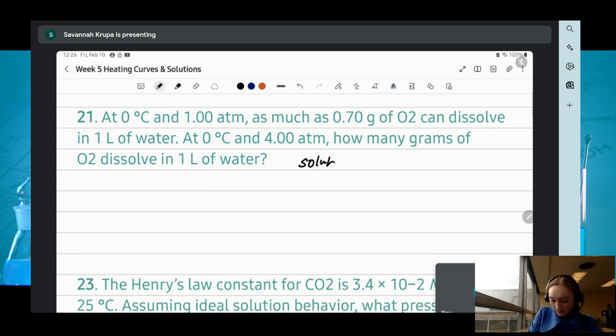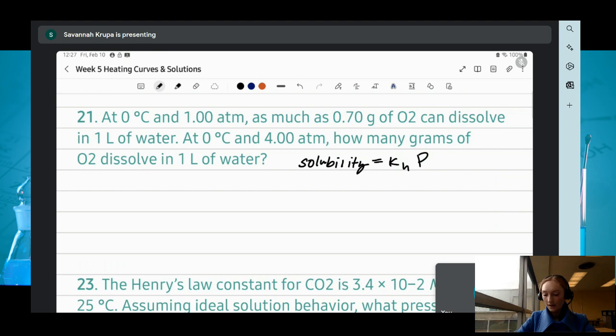Solubility equals KH times P. So we don't know our KH value yet, but we know that we're working with the same kind of compound. So right now we're working with O2, a gas.